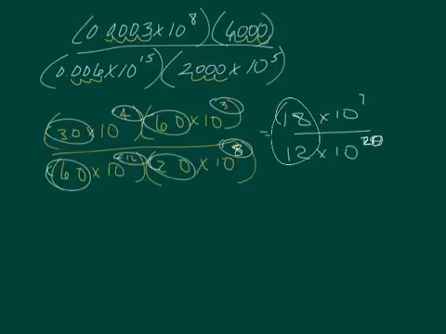That would be 9 over 6, 3 over 2. So then we've got 3 over 2 times 10. Remember, you subtract. 7 minus 20 would give me a negative 13. Well, that looks pretty silly. 3 halves times 10 to the minus 13.